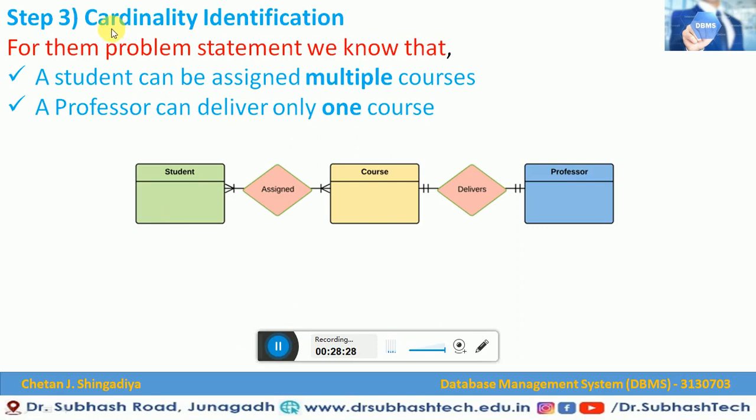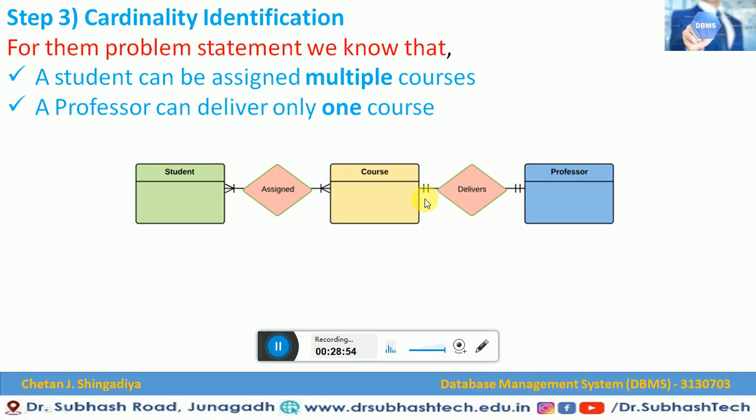Now the third step is cardinality identification. From the problem statement, we know that a student can be assigned multiple courses and a professor can deliver only one course.